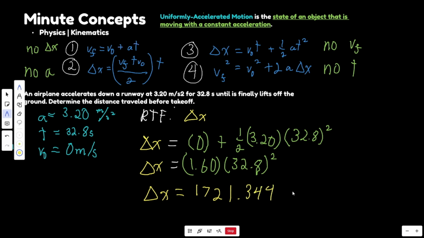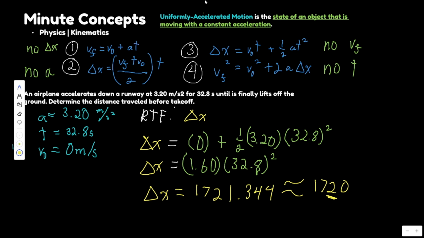Rounding off to the correct amount of significant figures, since it's multiplication, we have to count the least amount of significant figures here. We're going to get 1720. Underline the third to show that that's the last significant number. Okay. So that is how you get the answer for this question.